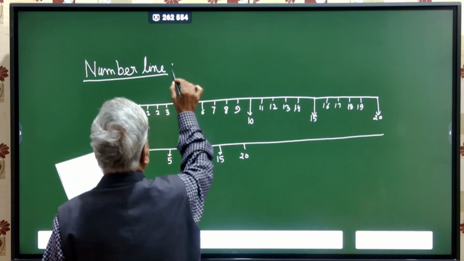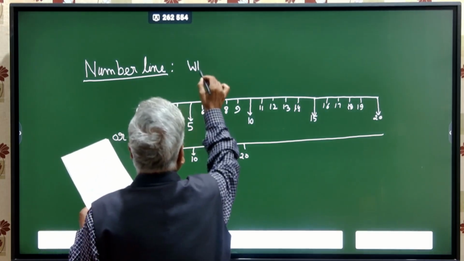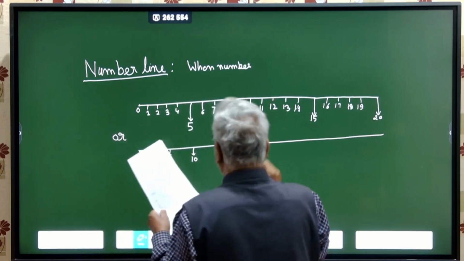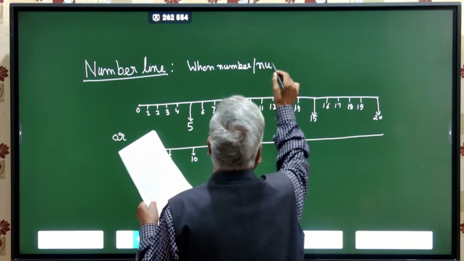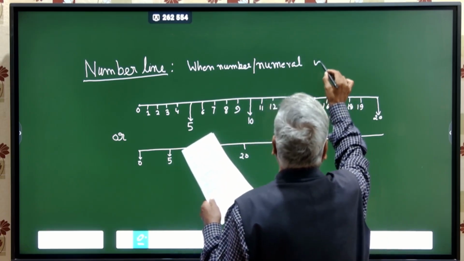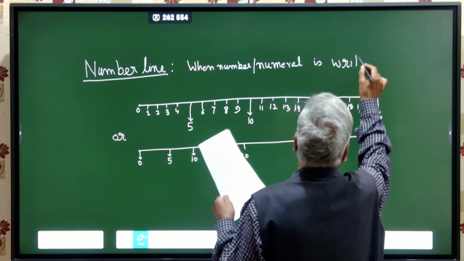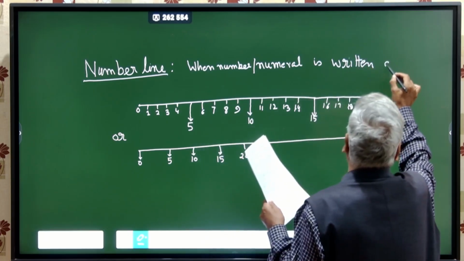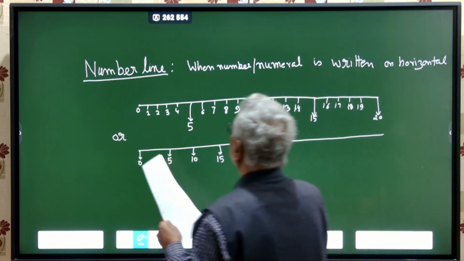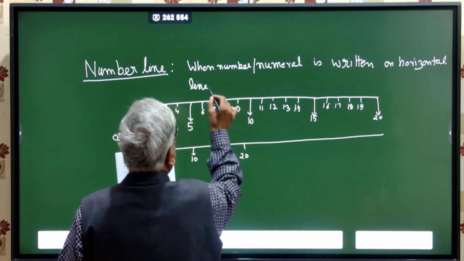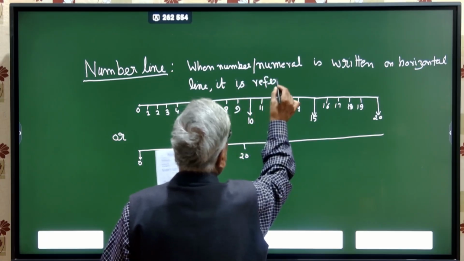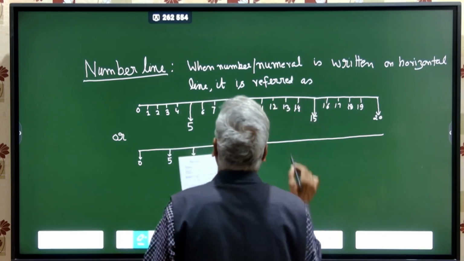You can define it as: when numerals are written on a horizontal line, it is referred to as a number line.